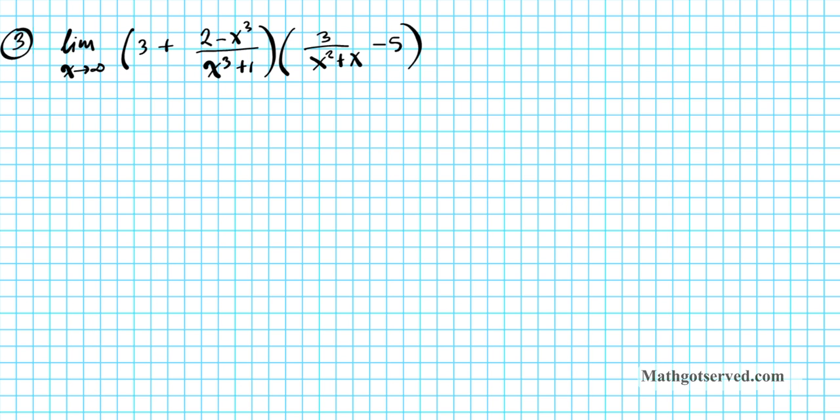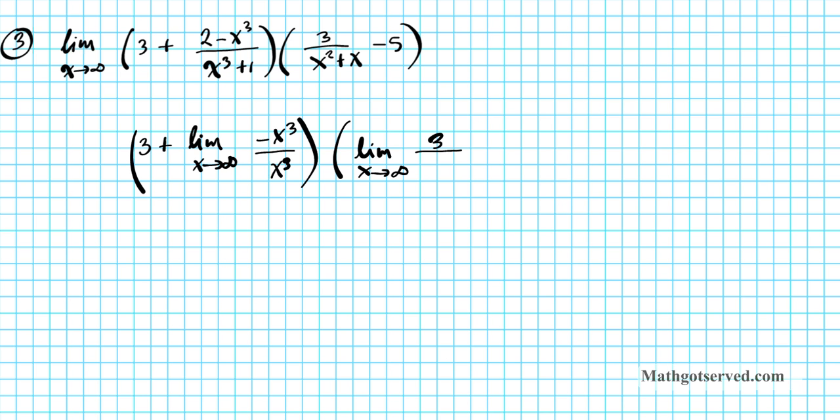So we want to evaluate each limit independently. This limit right here is going to become 3 plus the limit as x approaches infinity of the leading term on the top of this polynomial, which is negative x to the third over x to the third, and this entire thing multiplied by the limit as x approaches infinity of the term on the top, which is the only term there is, so it's the default leading term, and the denominator x squared has the biggest degree, minus 5.